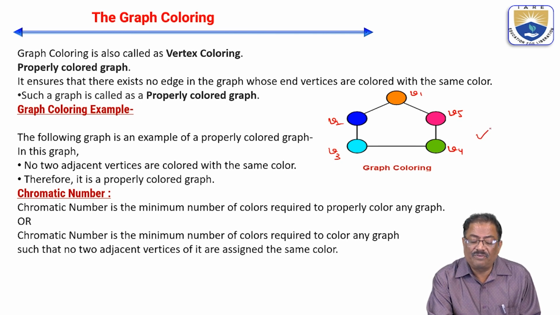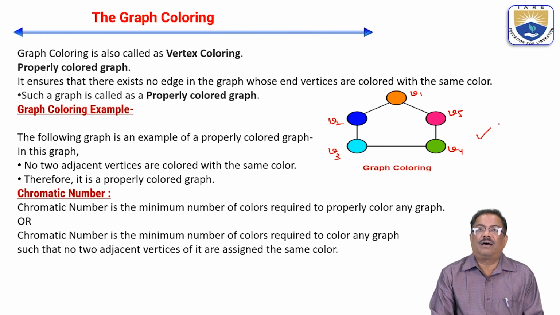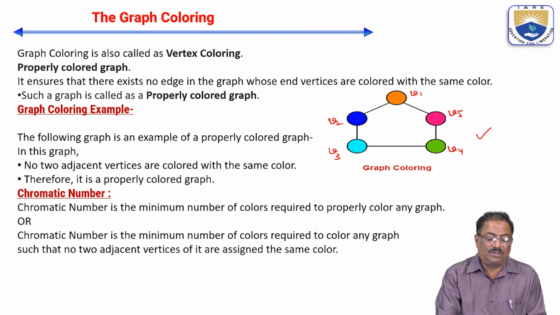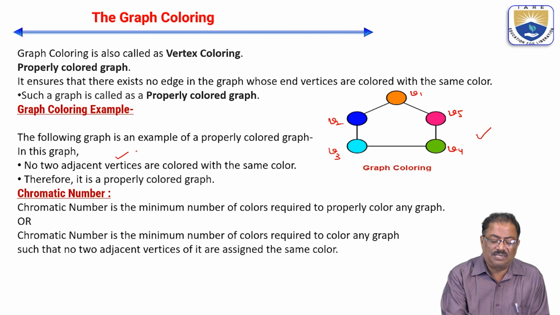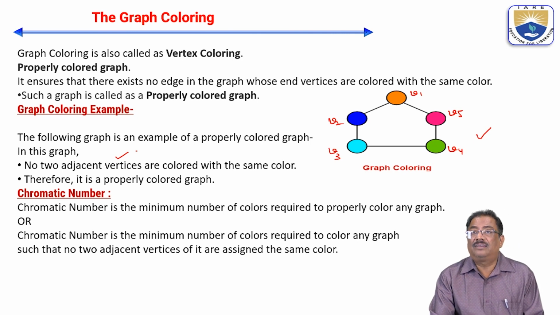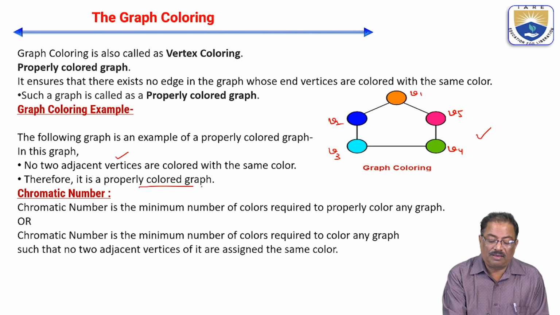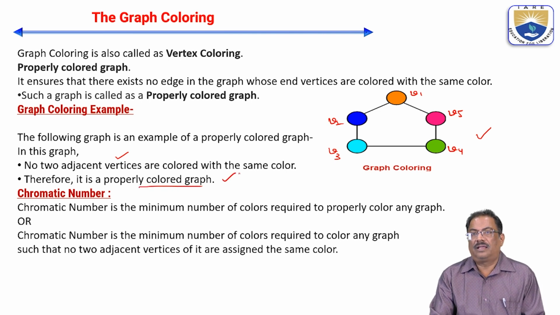So this graph is a properly colored graph. That means no two adjacent vertices are colored with the same color. Therefore, it is a properly colored graph. In any manner that you consider, adjacent vertices will not have the same color. Such a graph is nothing but a properly colored graph.